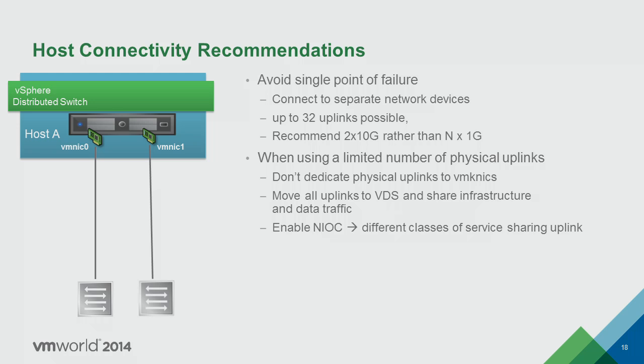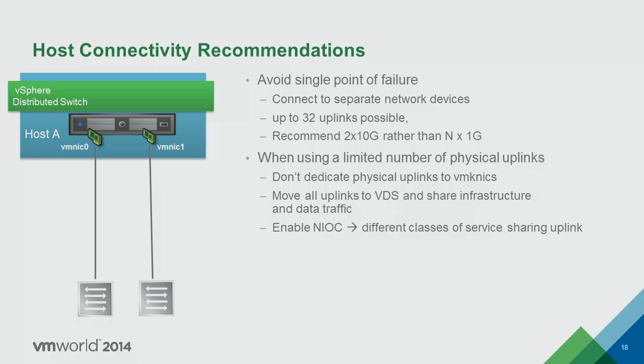We have NIOC, Network I/O Control. We're not going to elaborate too much on that because it's not NSX specific, for the sake of time. But in a nutshell, what NIOC allows you to do is that for a particular class of service, you can specify a bandwidth limit, make sure that it doesn't go beyond a certain amount of bandwidth.